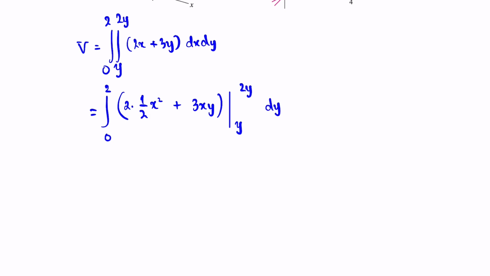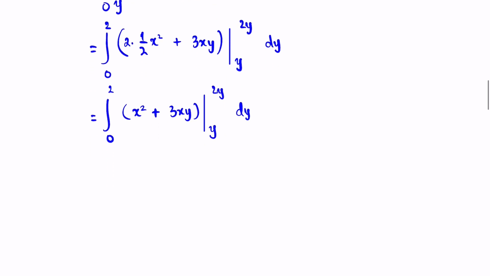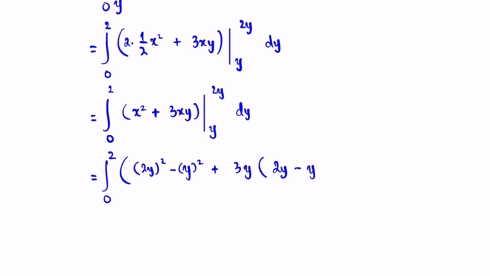Now we're going to simplify this integrand a little bit before we evaluate the function at 2y and y. So the integral becomes the integral from 0 to 2 of x squared plus 3xy, evaluated at y and 2y, with respect to y. So here you get the integral from 0 to 2 of (2y) squared minus y squared plus 3y times (2y minus y) dy.